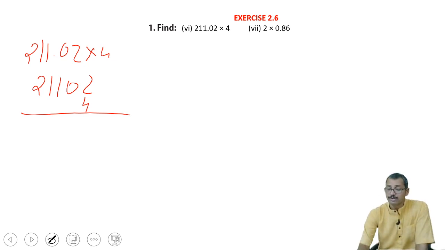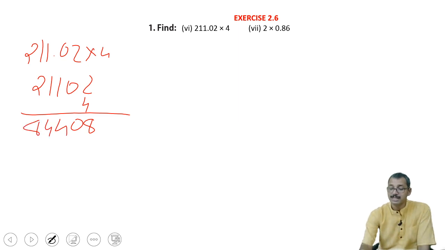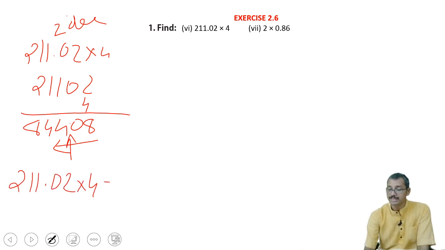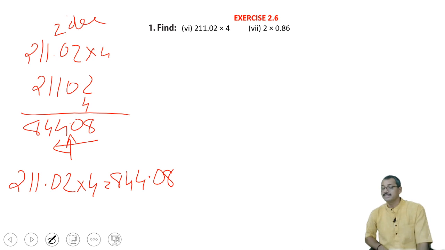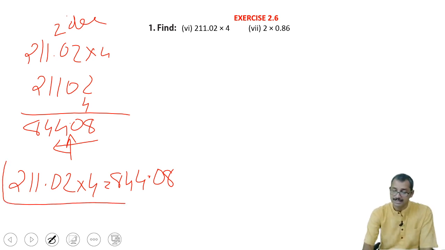Then 4 2s are 8, 0, 4, 4 2s are 8. Now how many decimal places are there? Here 2 decimal places are there. So after 2 decimal places, you have to put the point. So the answer is 211.02 into 4 is equal to 844.08. Correct? Like this you have to do. Okay, so this is the answer.